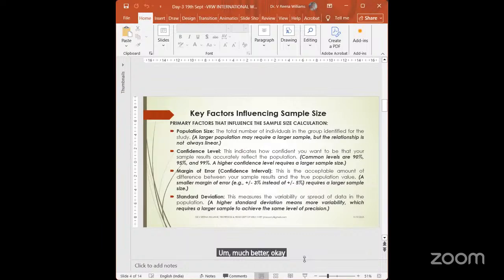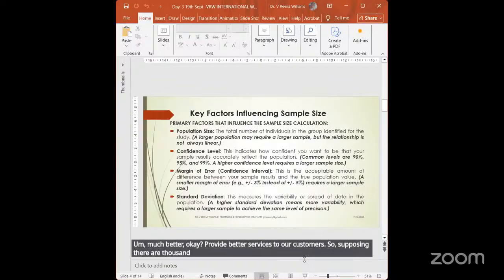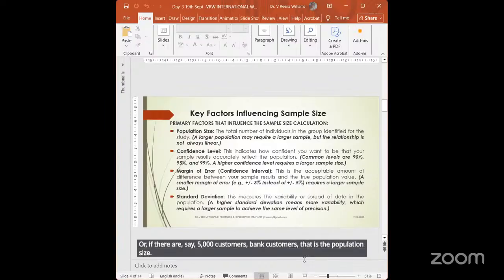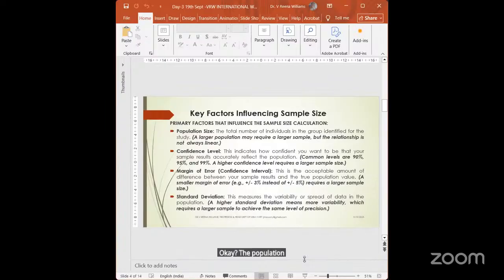So supposing there are 1,000 or 5,000 bank customers, that is the population size. The population size is the total number of respondents who are eligible for me to collect data from.